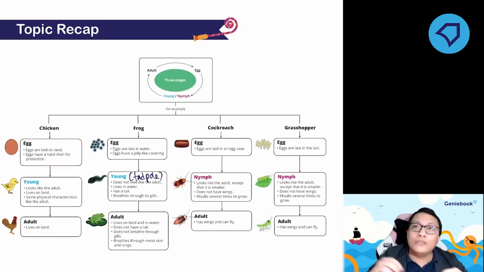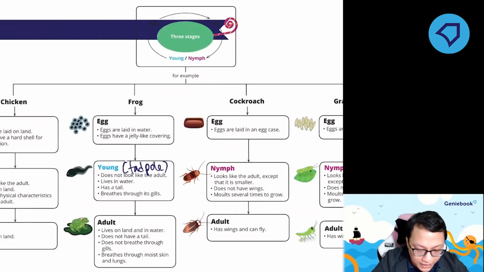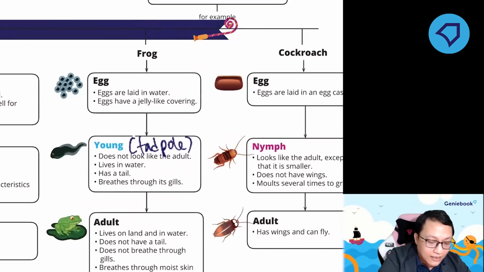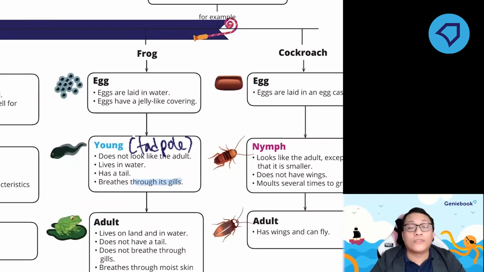Now, I want you to mention the characteristics of the tadpole if you compare it with the adult. Tadpole breathe through gills. If I zoom this in, you can see that tadpole breathe through gills. It has tail, lives in water.